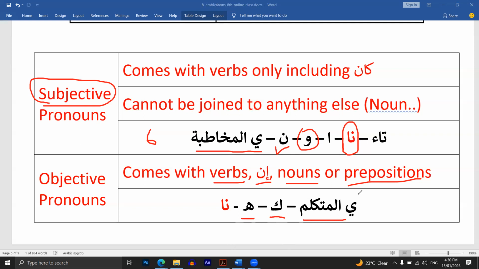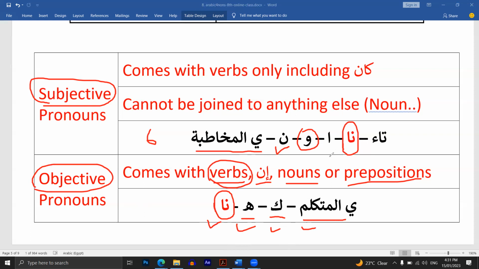And ها. Once you see one of these pronouns connected to a verb, automatically it will be an objective pronoun. It will be the object of this verb.